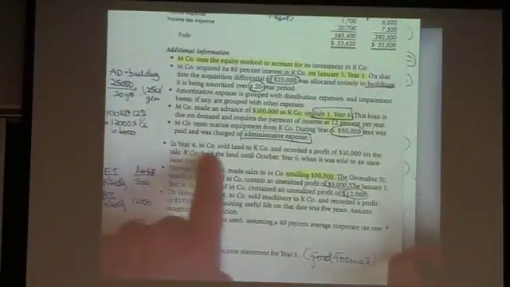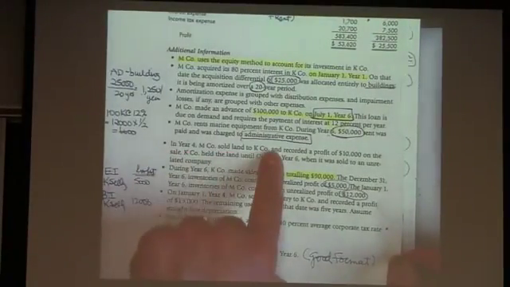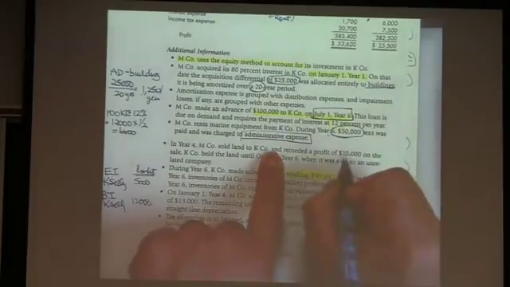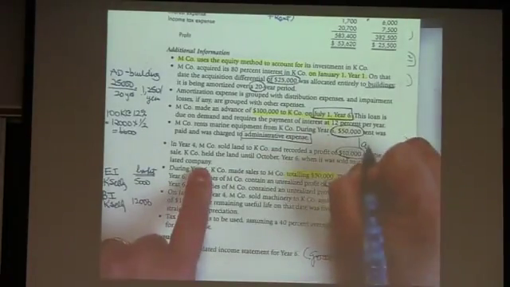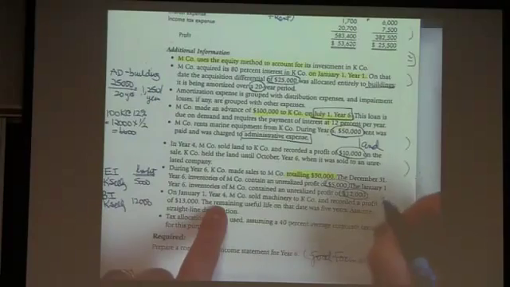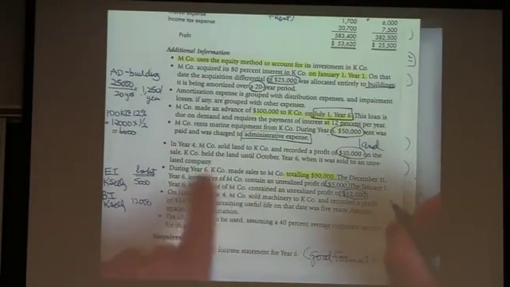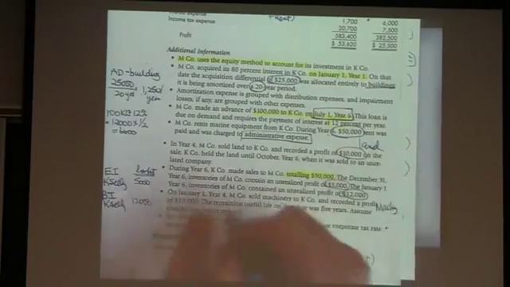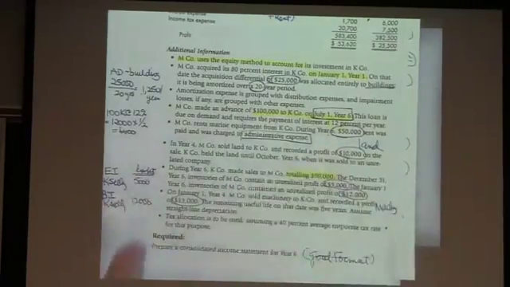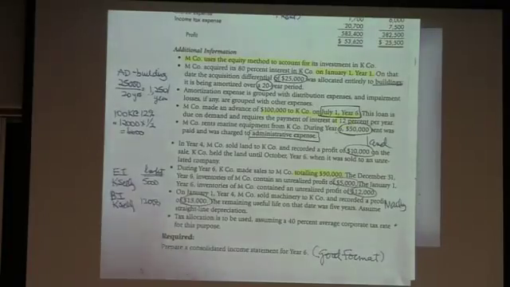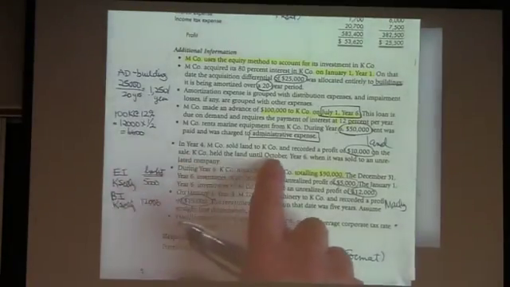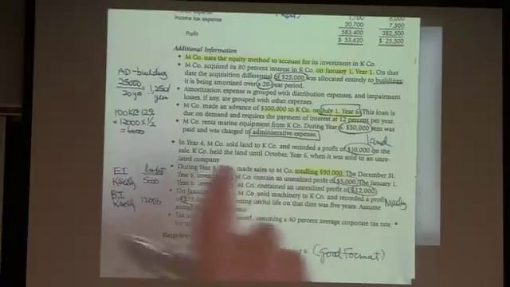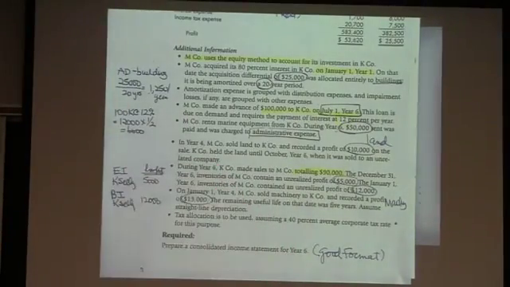It says M sold land to K with a profit of 10. So this is the land, and this is the equipment, machinery. So that one is the land sale. And it says K held the land until October 6th when it was sold to an unrelated party. So let's take a look at the theory behind it.